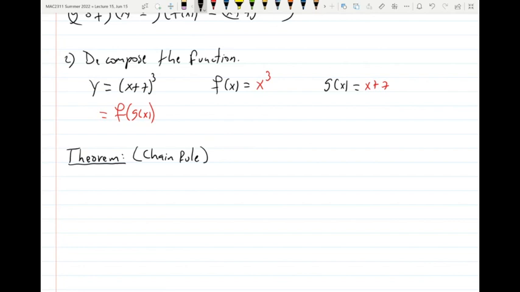So suppose that we have a composition of two functions. What I'm about to write is the formality of this.